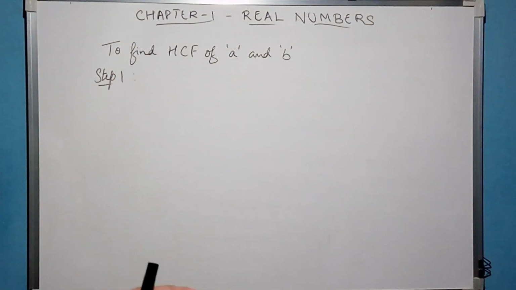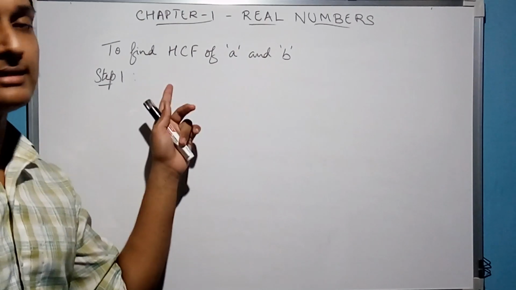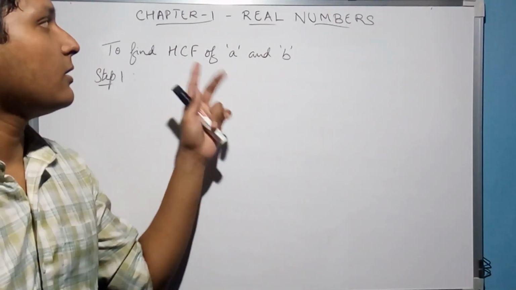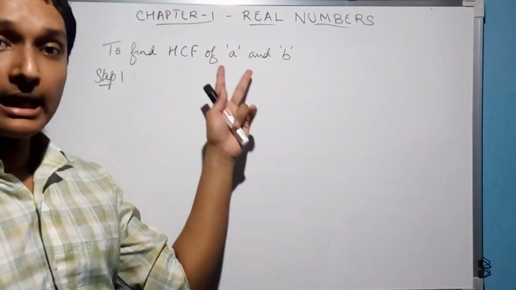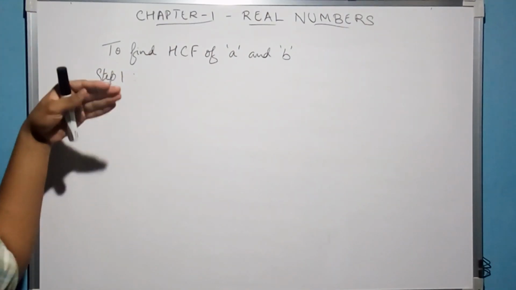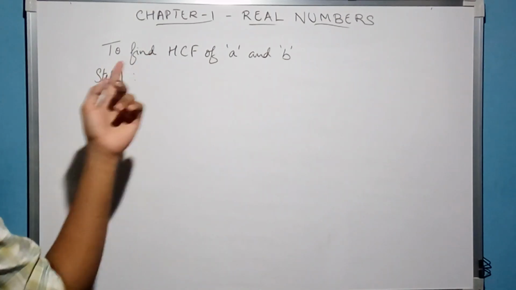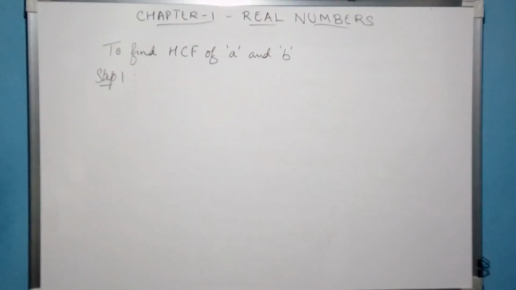Now we are going to use Euclid's division lemma to find the HCF, that is the highest common factor, of two numbers, say a and b. So what is the algorithm? An algorithm is a series of steps that you need to follow to find this, that is the HCF in this case.